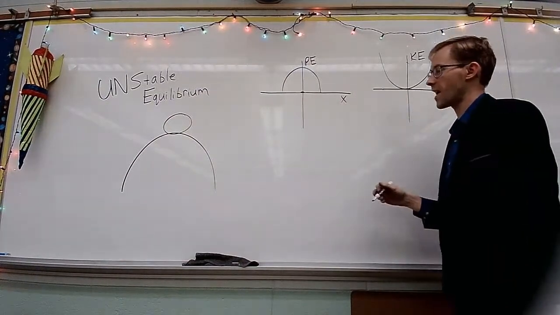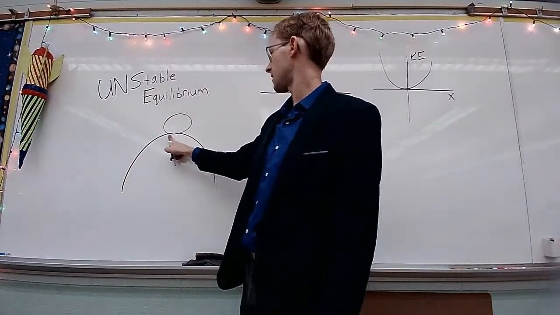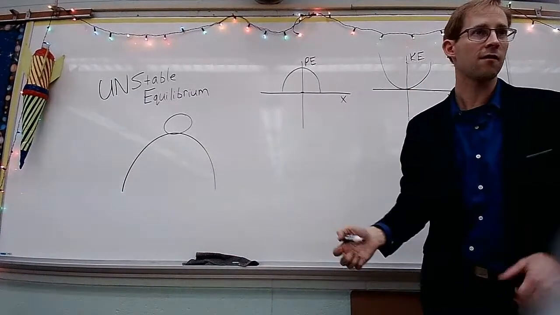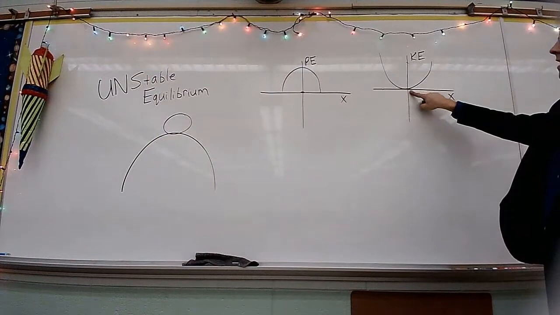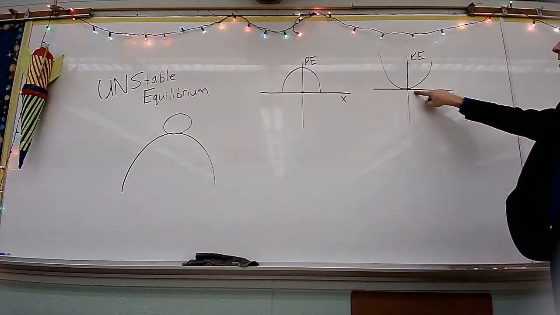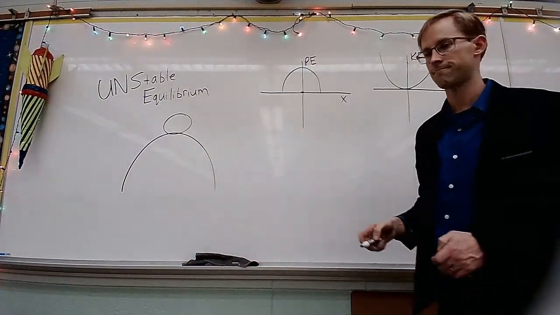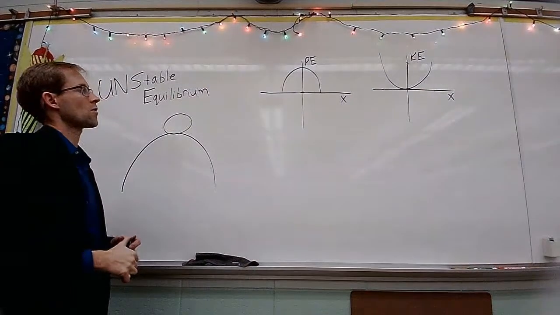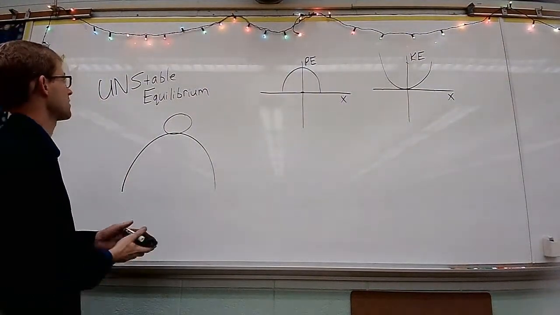The reason for that is because as you get further and further from this position, the object is going to pick up speed. And if it's picking up speed, it's going to have larger and larger kinetic energy, which is what happens on this graph here. As the distance gets further and further away from the middle, the speed and therefore kinetic energy will grow. So that's stable and unstable equilibrium. We've got one more to talk about.